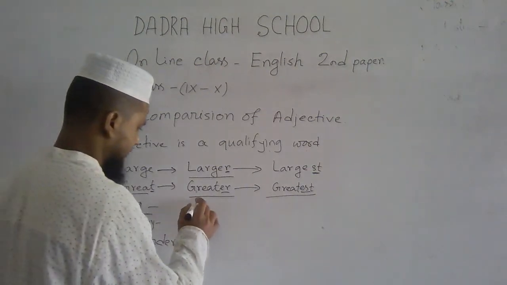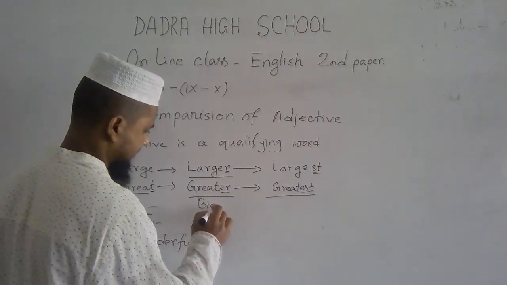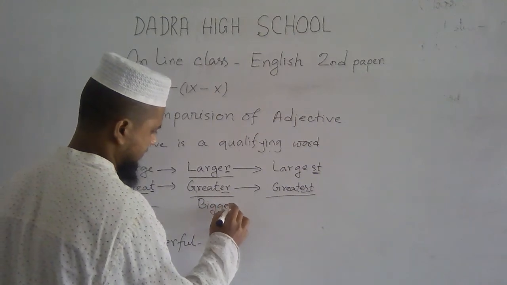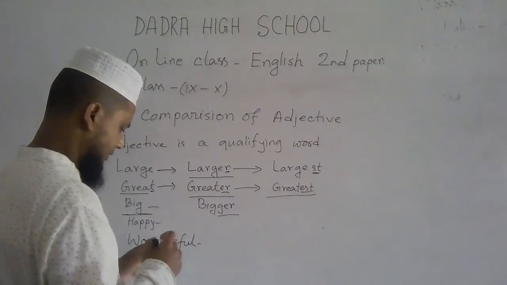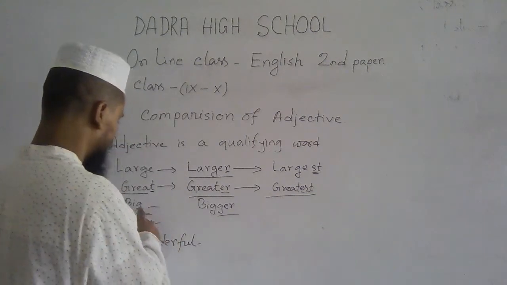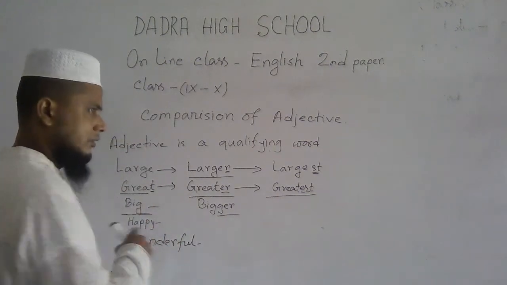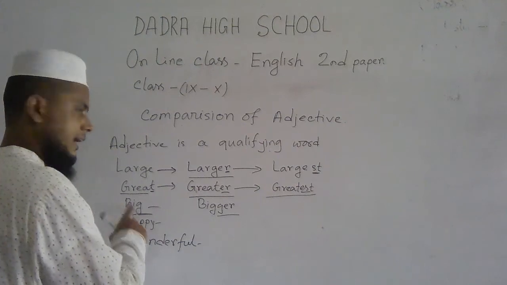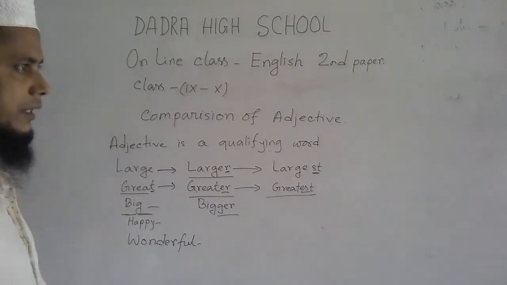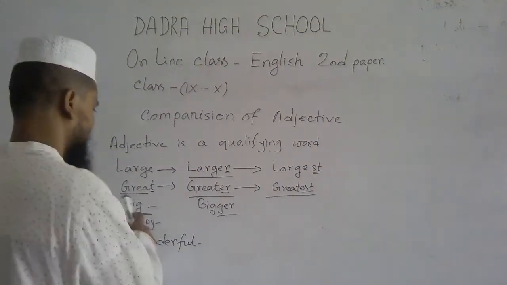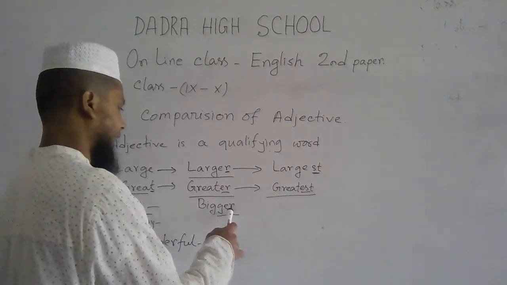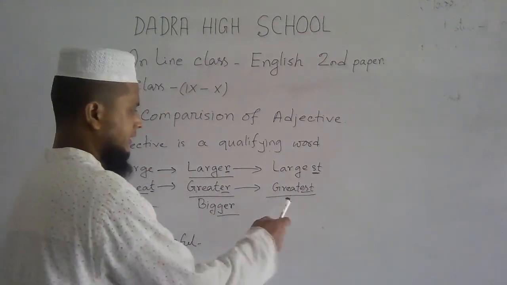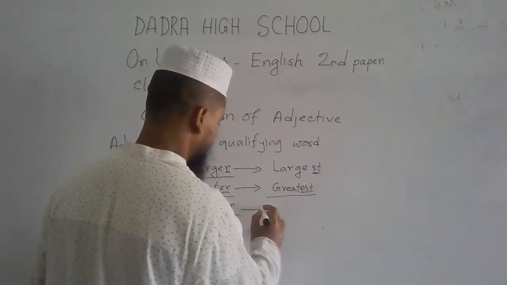Now, big, bigger. That means there is consonant G, and G follows vowel I, and I is a single vowel here. So G has been doubled, and we have to add ER to make comparative and EST to make superlative.